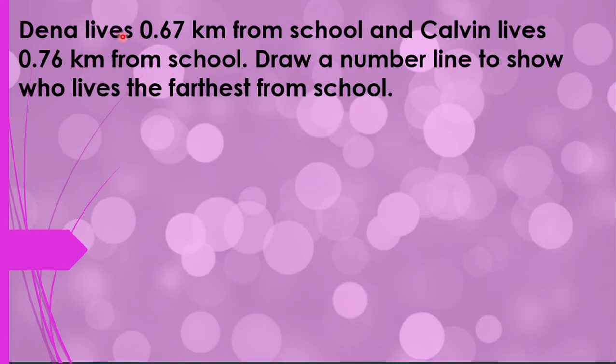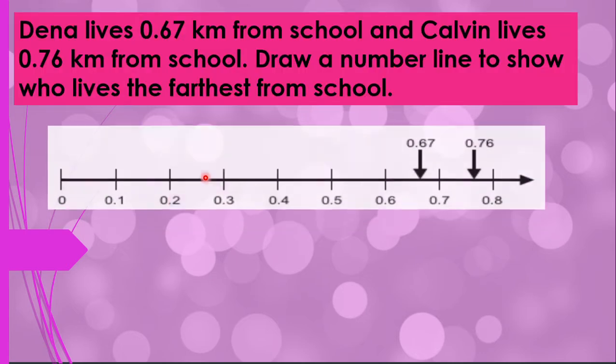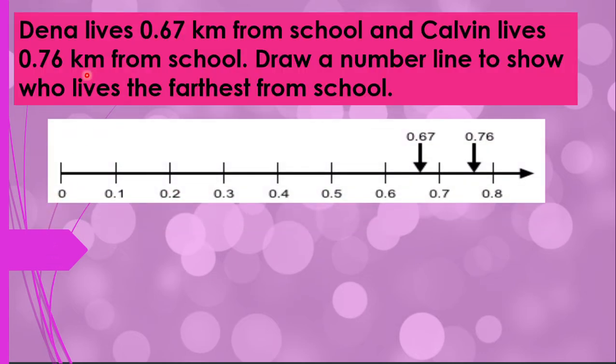Let's take another example. Dina lives 0.67 kilometers from school and Calvin lives 0.76 kilometers from school. Draw a number line to show who lives the farthest from school. So now this number line, there is no whole number over here, but it goes up to 1.